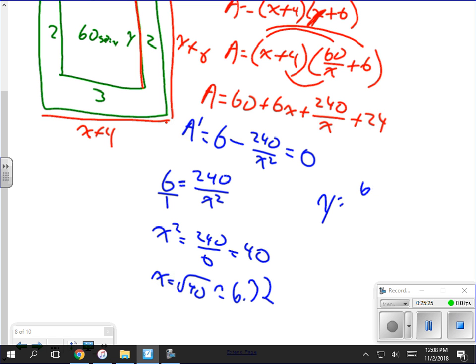Y is equal to 60 over 6.32, which would be approximately 9.49. We have our dimensions. And we can find the dimensions of the poster by adding 2 to one side and 6 to the other length, and we've got what we want.